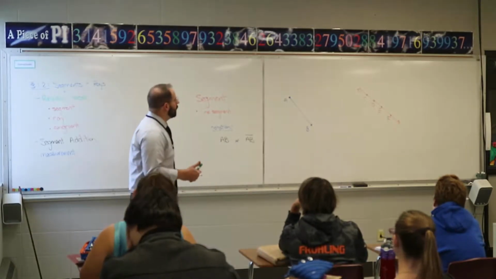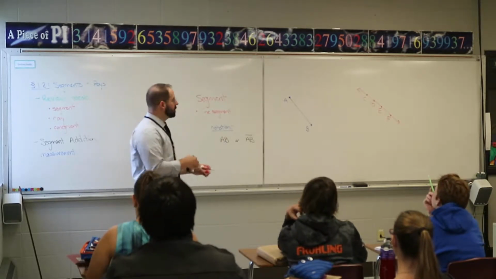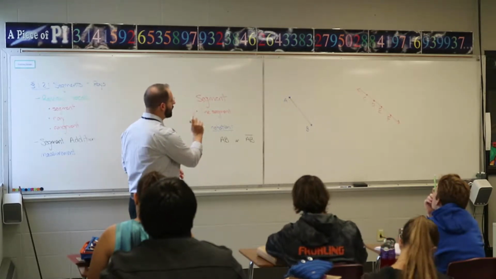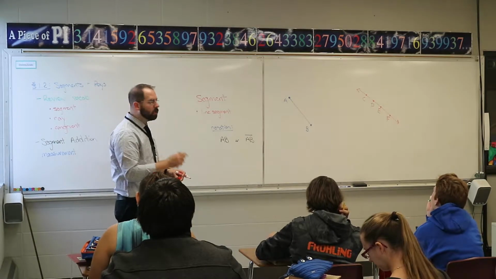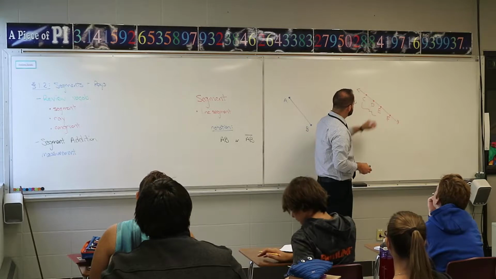That's a line. There's a clear difference. My segment up here is measurable, but the line over there, the right one, is not. But do you notice that in that picture there are segments? There are little pieces. You can actually take segments out of a line.